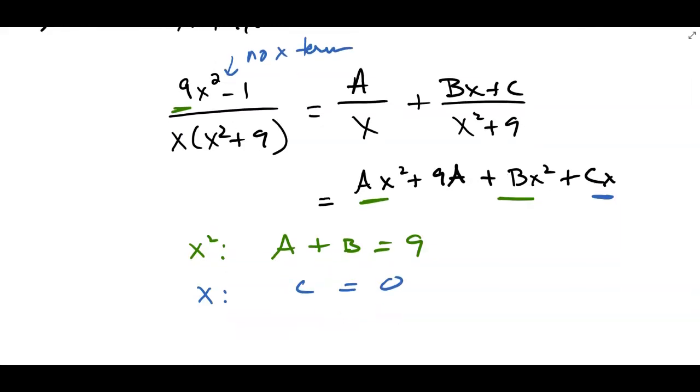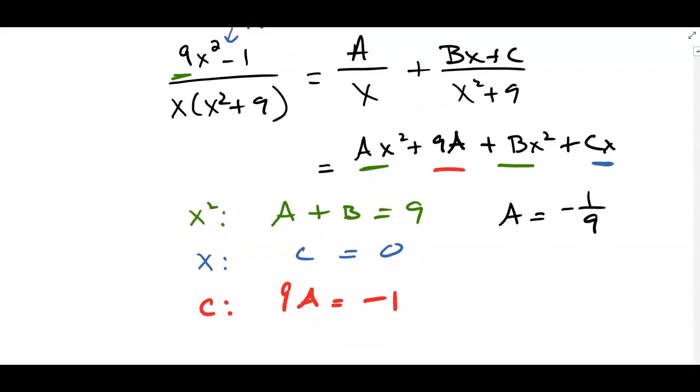And then, of course, my constant is 9A, so 9A equals negative 1. Forgot the 9. That's going to make it a little bit more difficult. So that means A equals negative 1/9.